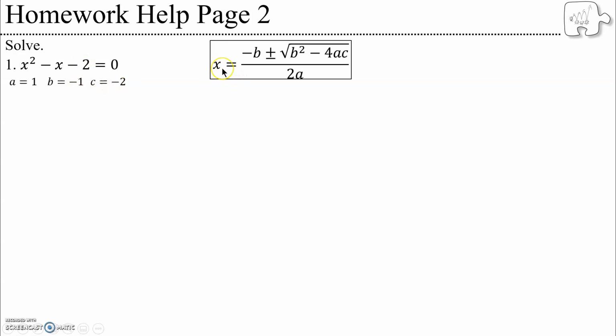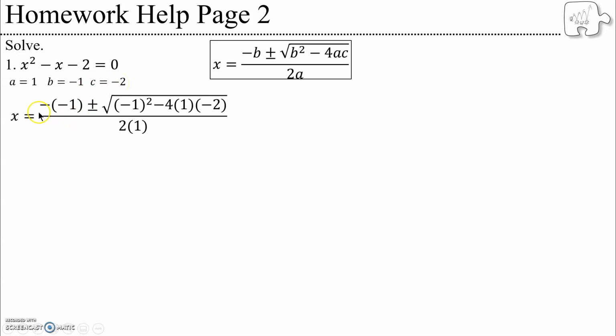So now we're just going to change this equation to this equation where we replace the A, B, and C with 1, negative 1, and negative 2. So we have x equals the opposite of negative 1 plus or minus the square root of negative 1 squared minus 4 times 1 times negative 2 all over 2 times 1.